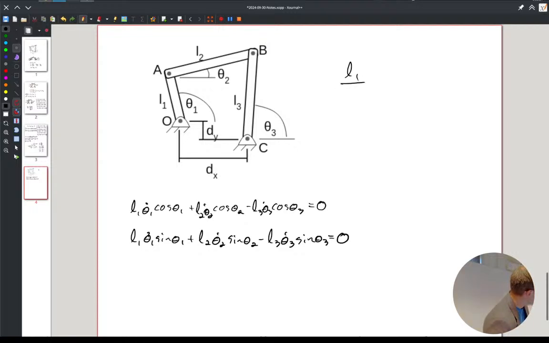Does something L1 over the distance from O to B? From O to B over. Is that constant? Not constant?